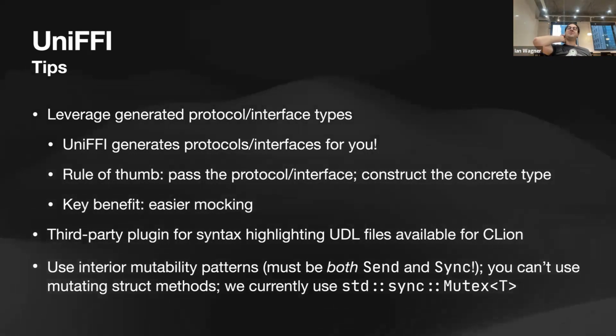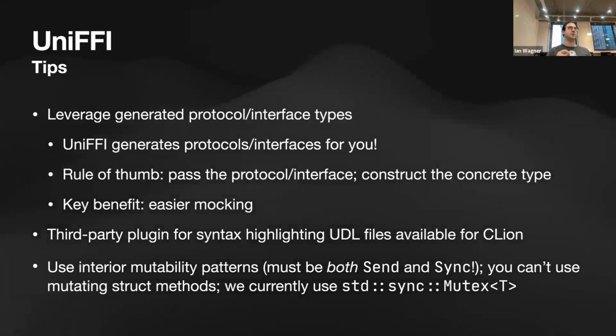I'm not sure this is the best option, but I'm currently using the standard library's mutex type, because everything has to be both Send and Sync. So you can't use a lot of the other ones, like OnceCell, for example. You can't use that, even though it's designed for interior immutability. I think the thing with OnceCell is it's not thread safe, so it's not Send. Anyways, that's just an annoyance.